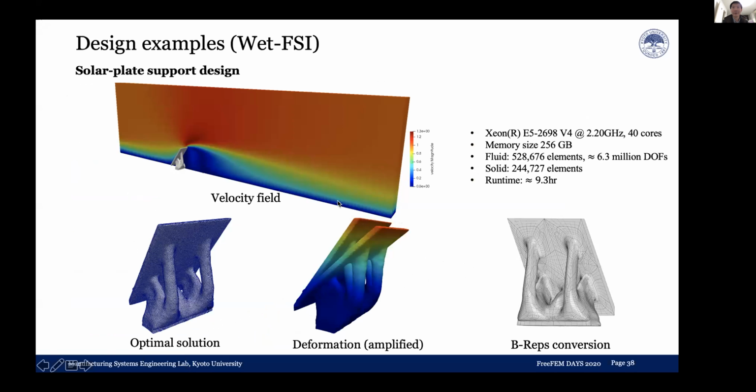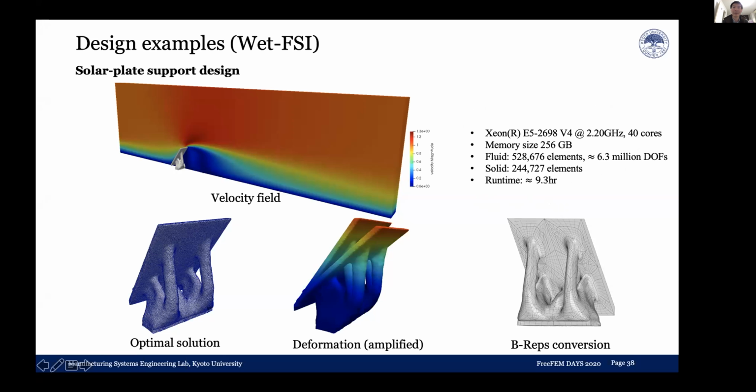So in this example, the fluid domain features around 528,000 elements, and the solid domain contains around 244,000 elements. And we perform the computation on a large workstation, which has 40 cores, and get an optimal solution within around 9 hours.